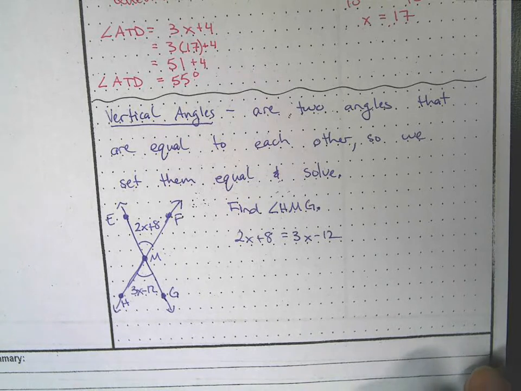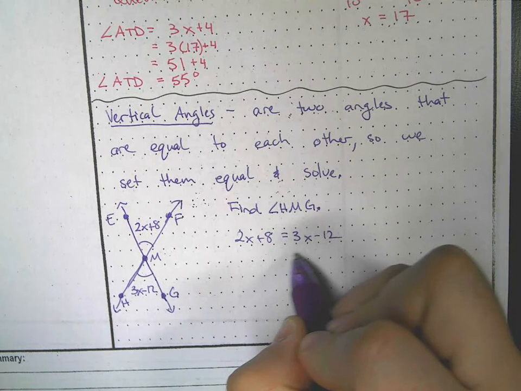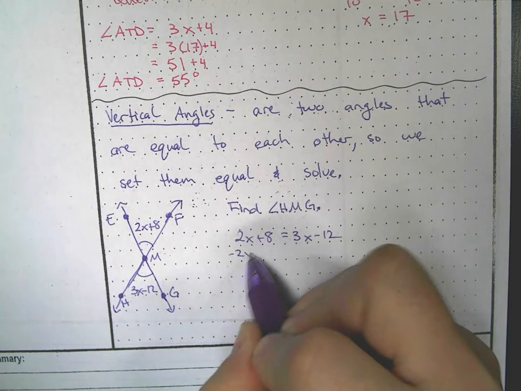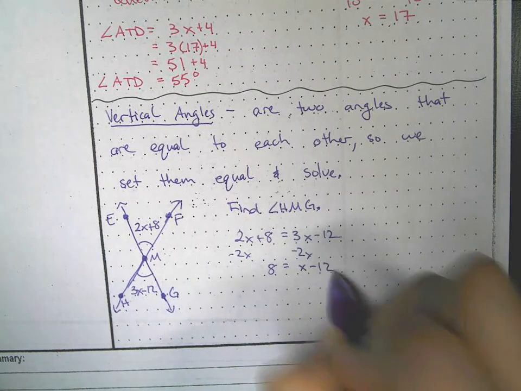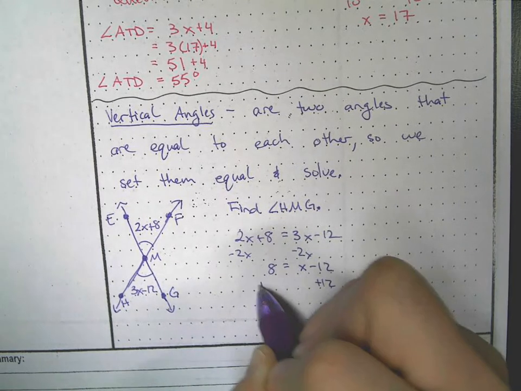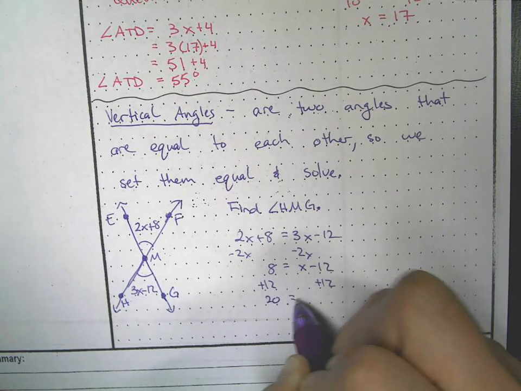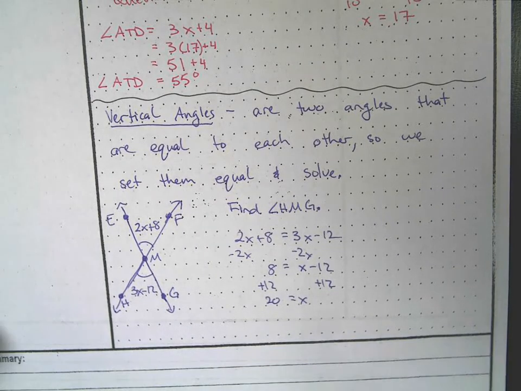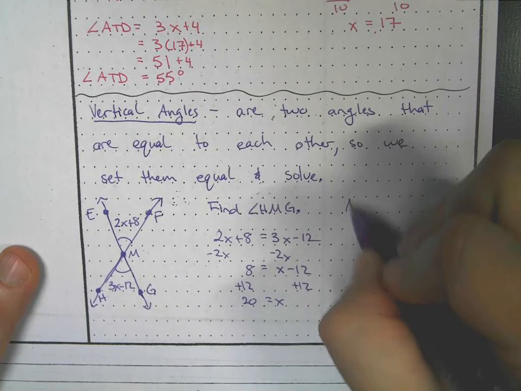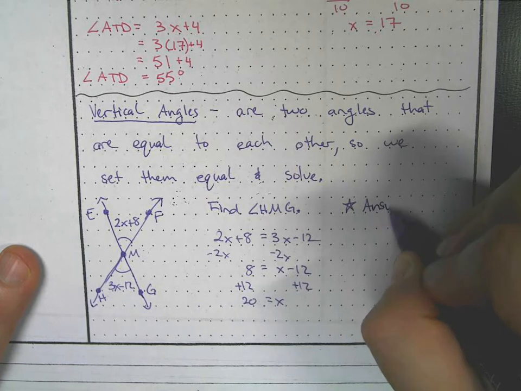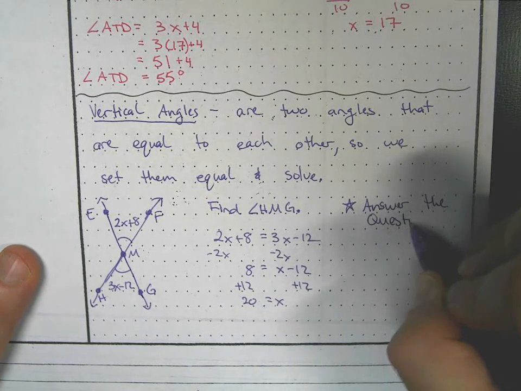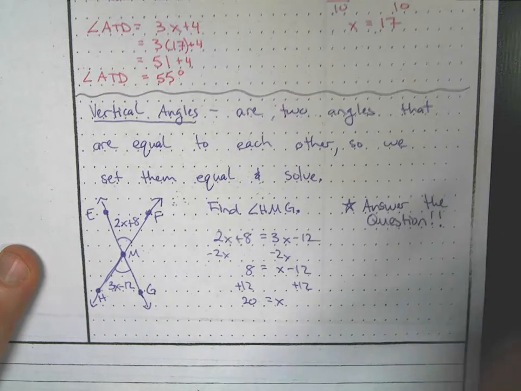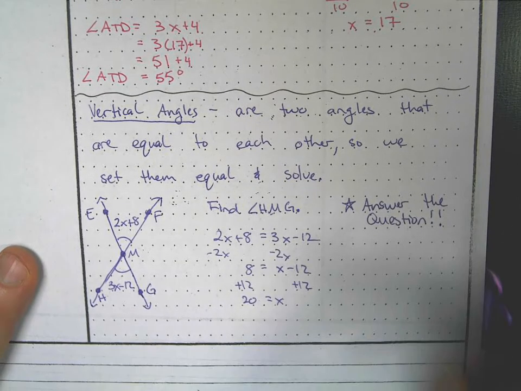And now we're just solving. So I will subtract 2x. We get 8 equals x minus 12. We add 12, and we get 20 equals x. So we found x equals 20. But again, we've got to answer the question. And the question is find HMG.